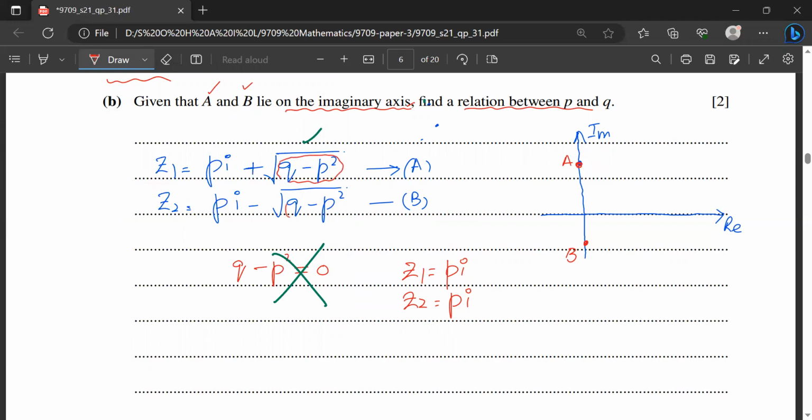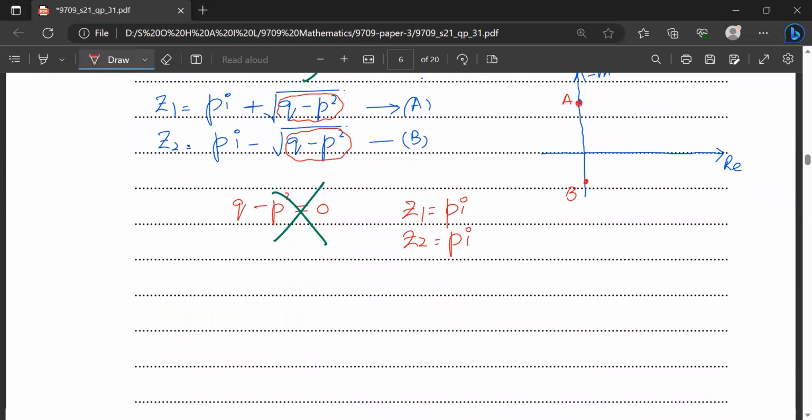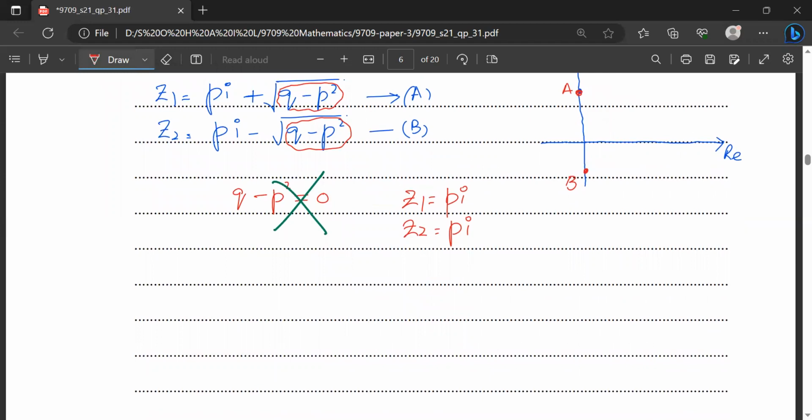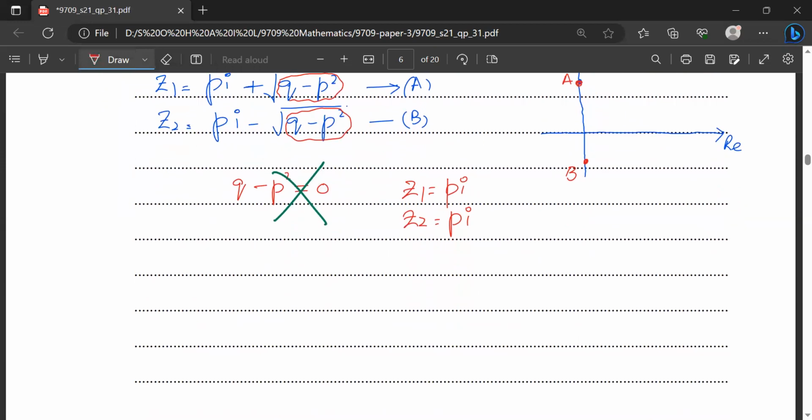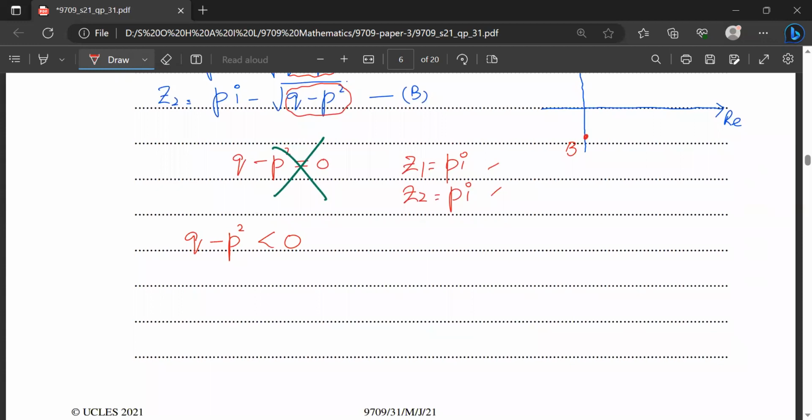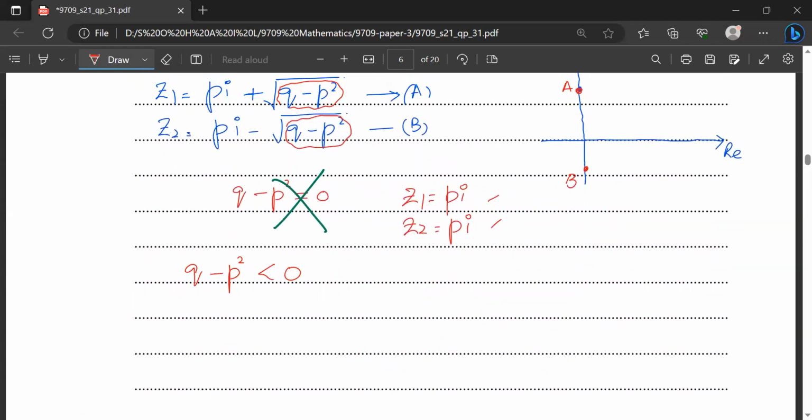We rejected the option when Q minus P square equals 0 because we are looking for only the imaginary thing, and the same answers would be the roots. If Q minus P square is negative, say the inside of the square root is negative, I'll give an example. If inside is minus 4, the square root of minus 4 is 2 iota.